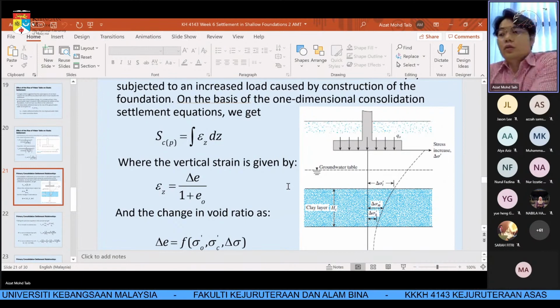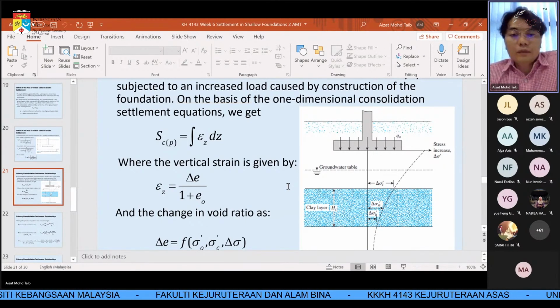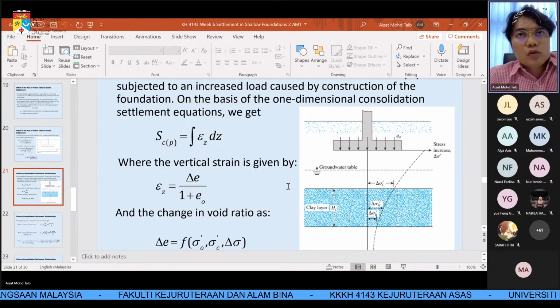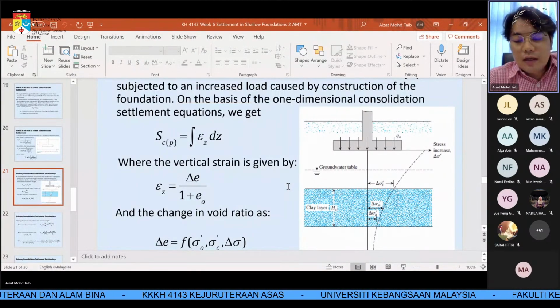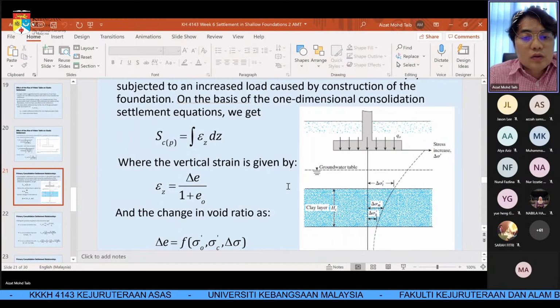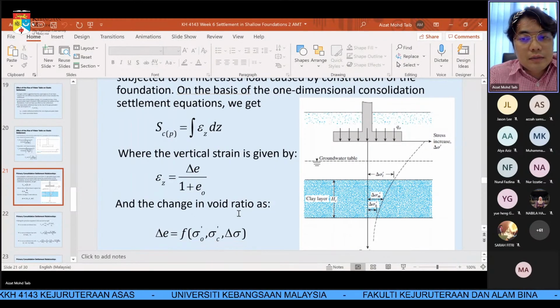Okay, so tanah clay, okay, so there are pores, very micro pores. Okay, so the micro pores awak ada initial void ratio, and then as your loading increases, it will give a change in your void ratio. Okay, so kita nak lihat macam mana perubahan ni.